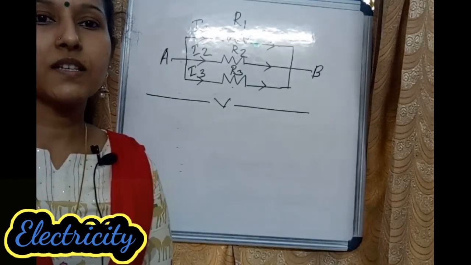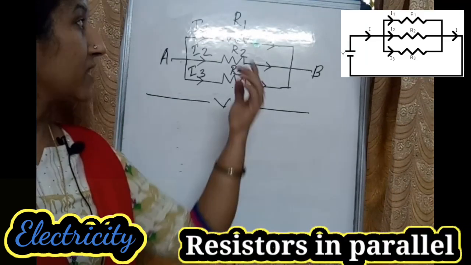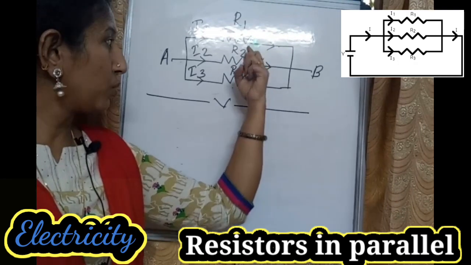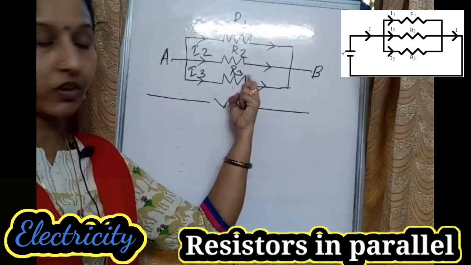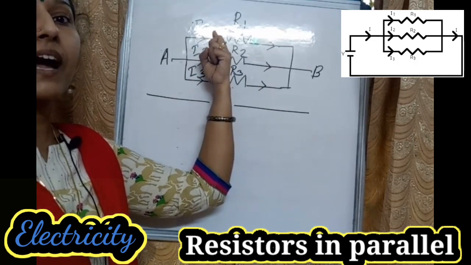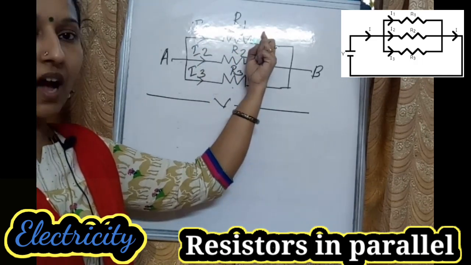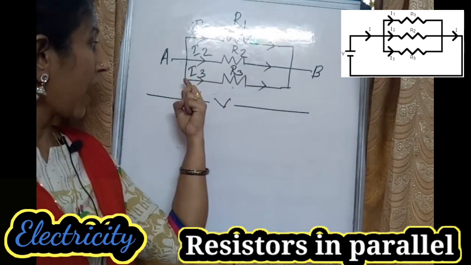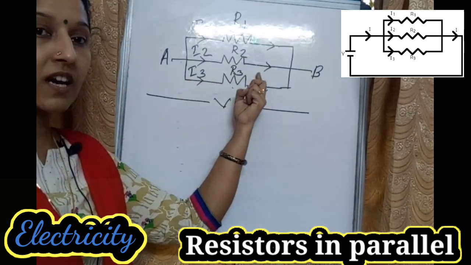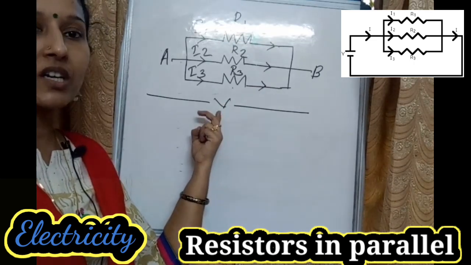Okay. Resistors are connected in parallel. See, R1, R2 and R3 are the resistors connected in parallel. I1 is the current that flows through the resistor R1, I2 is the current through R2, I3 is the current through R3, and V is the potential difference.